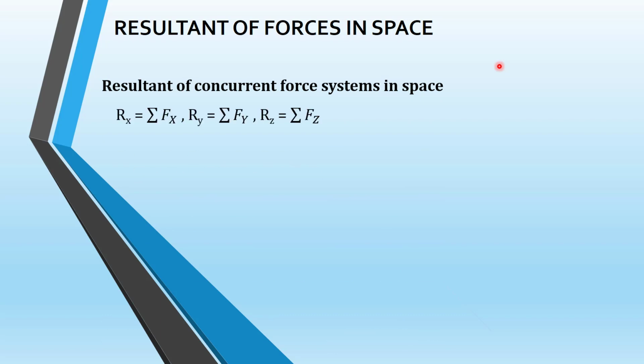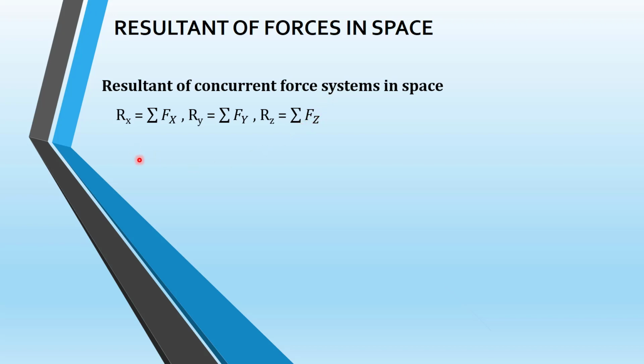So Rx will be equal to the algebraic sum of all the forces along the x direction. Similarly, Ry is the algebraic sum of all the forces along the y direction, and Rz will be the algebraic sum of all the forces along the z direction.